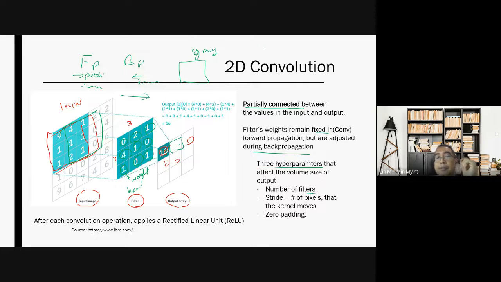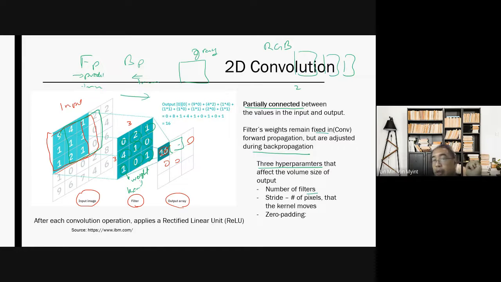If you consider RGB, you will have 3 layers. Then for each layer you can use 3 filters, or you can consider 2 filters for each layer to extract different things like this.